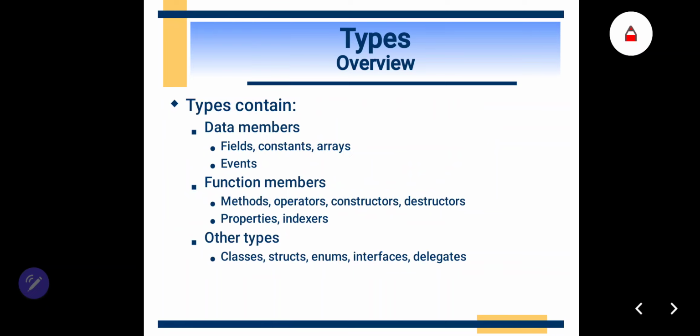Types contain data members, for example fields, constants, and arrays; events; function members such as methods, operators, constructors, and destructors; properties and indexers; and other types: classes, structs, enums, interfaces, and delegates.